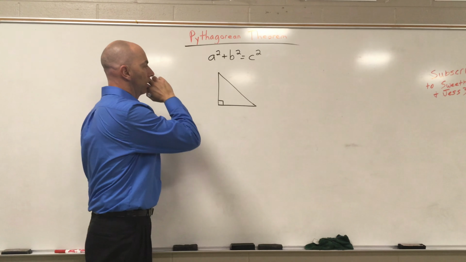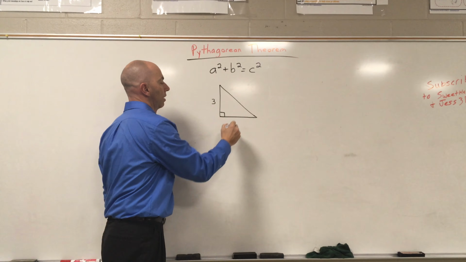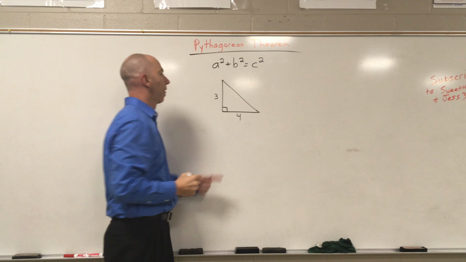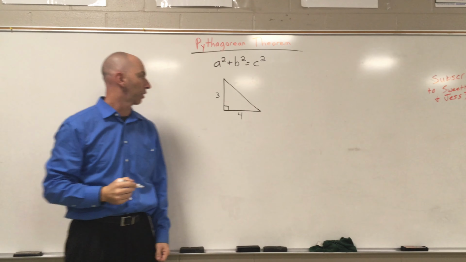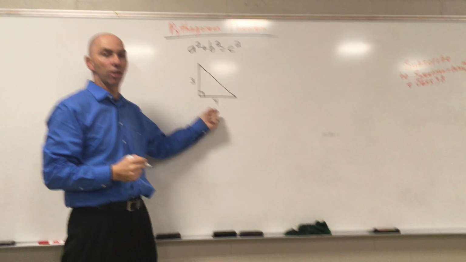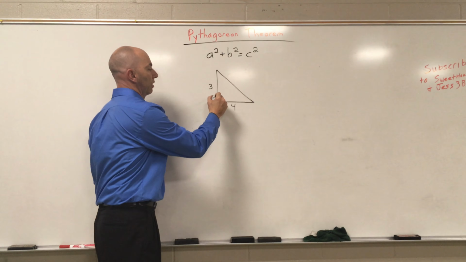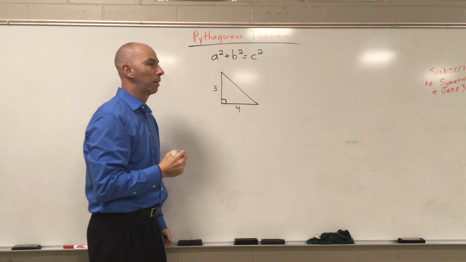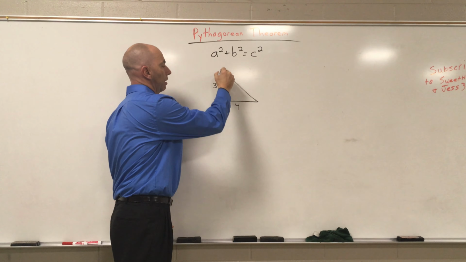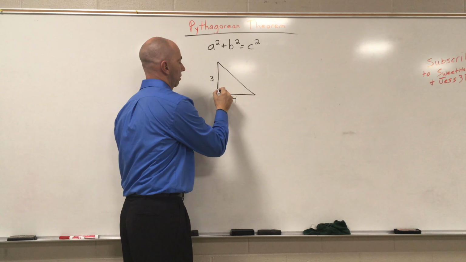If one side length they tell us is 3, and one is 4, but they don't give us the third side, we can figure it out just by knowing 2 of the 3. First things first, this right angle symbol touches two sides, this side and this side.